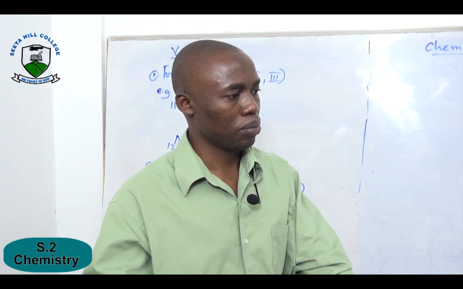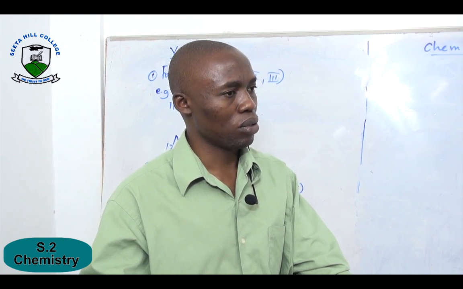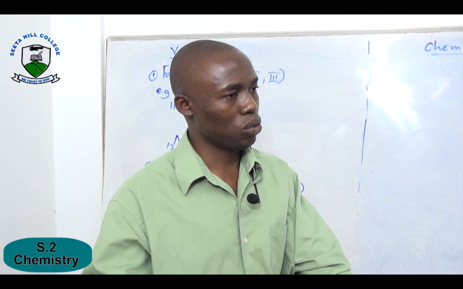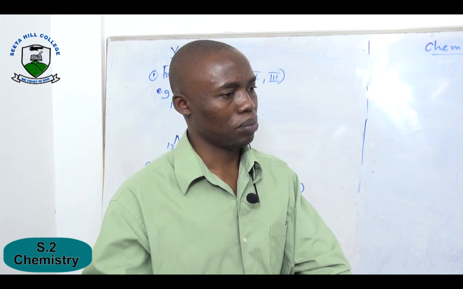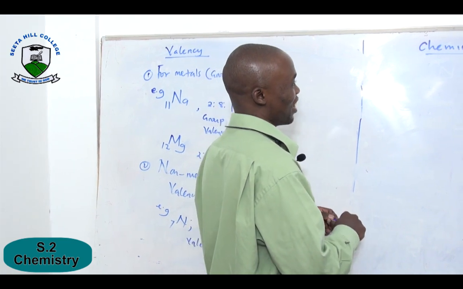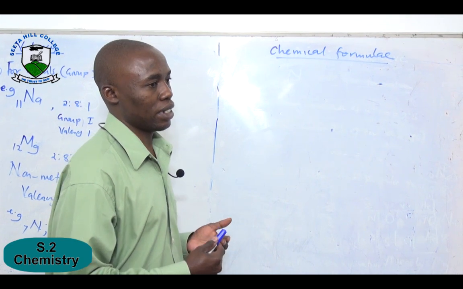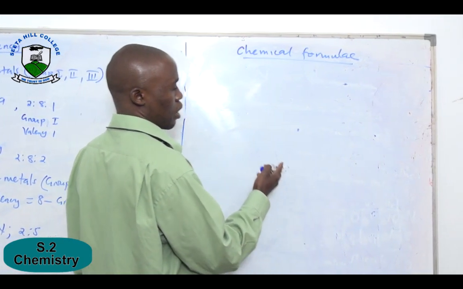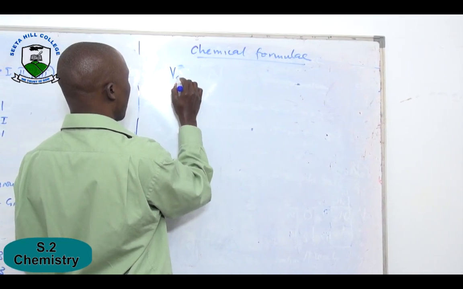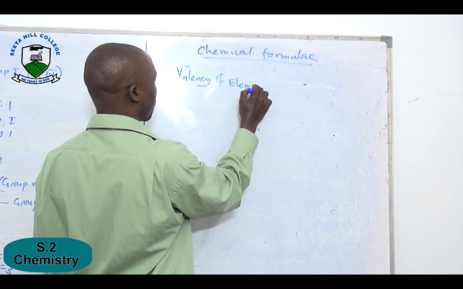It is the formula that represents a compound in form of symbols. Like water is H2O. These things are very good. Now chemical formulae are written using valences.